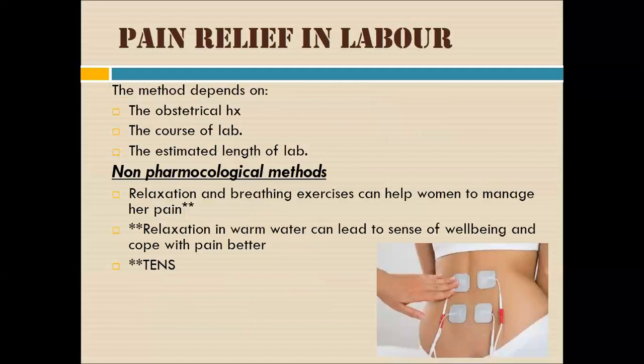Pain relief in labor. The method chosen for pain management in a patient who presents with labor depends on the obstetrical history. For example, a multipara who had two previous normal deliveries differs from a woman who is, for example, a primigravida.